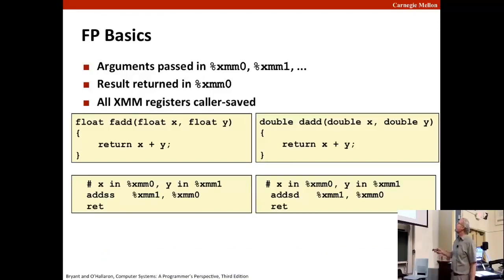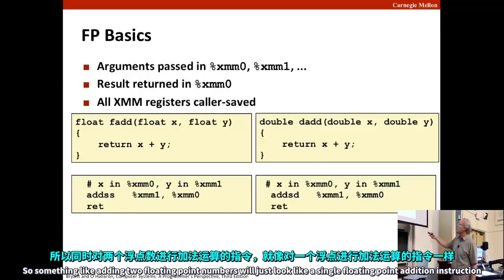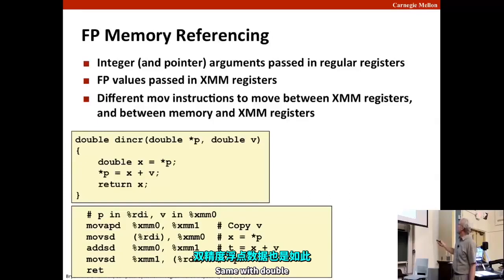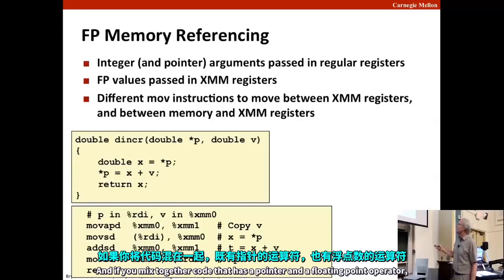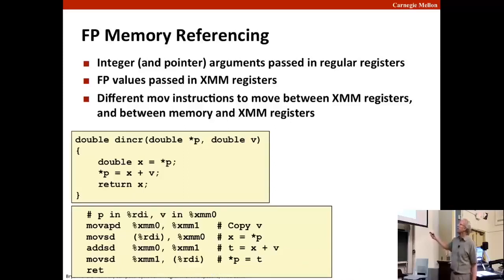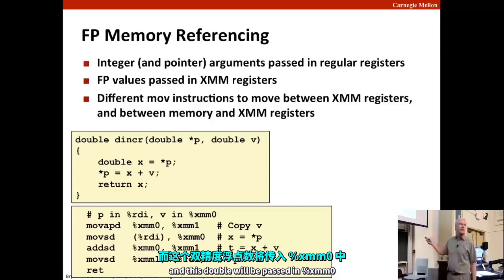There's no callee save. So something like adding 2 floating point numbers will just look like a single floating point addition instruction. Same with double. And if you mix together code that has a pointer and a floating point operator, the pointer will be passed in a regular register, RDI, and the double will be passed in XMM 0.